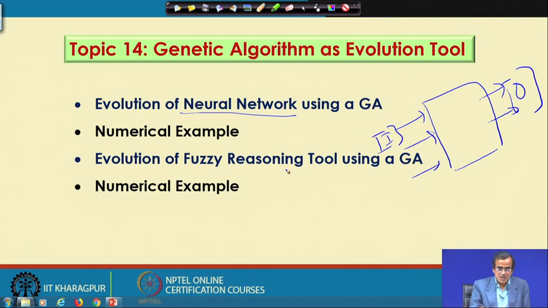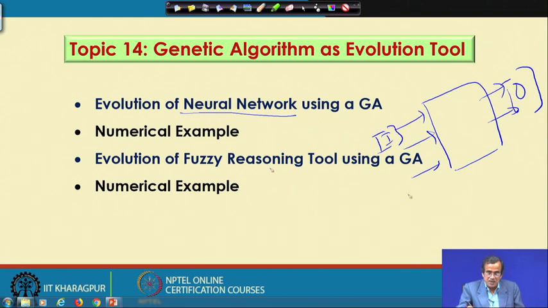So, what we discussed, we kept the topology of the network fixed, and we tried to optimize the connecting weights, the coefficient of transfer function and so on. We took the help of batch mode of training with a large number of iterations.